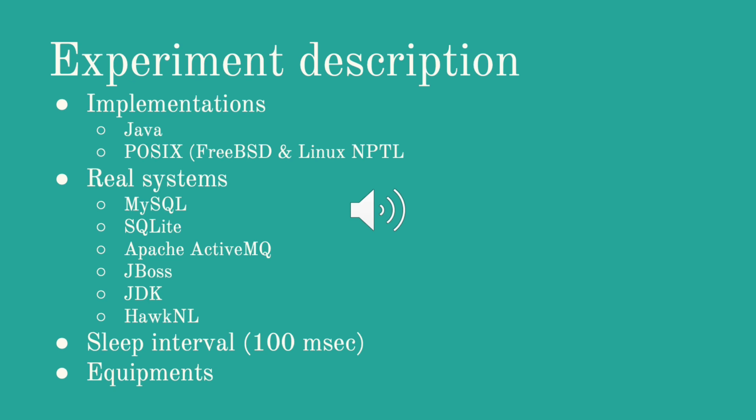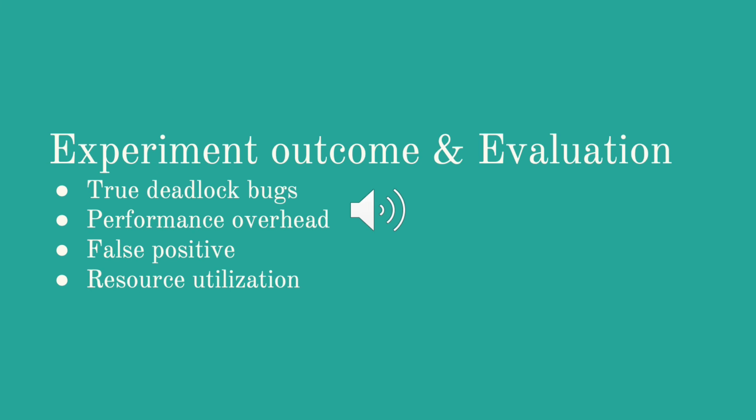For all experiments in the paper, the authors set the sleep interval as 100 microseconds. The measurements were obtained on 8-core computers with 4 GB RAM. The experiment's results are about these 4 parts: effectiveness against real deadlocks.